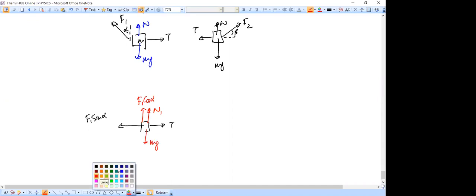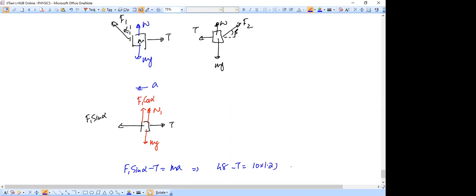The main thing is that horizontal thing. So F1 sine alpha minus T is equal to ma. So from this we'll get the tension. So F1 sine alpha was 48 and ma will become 10 into 1.2. So tension, as you can see, will become 48 minus 12 or 36 newtons.